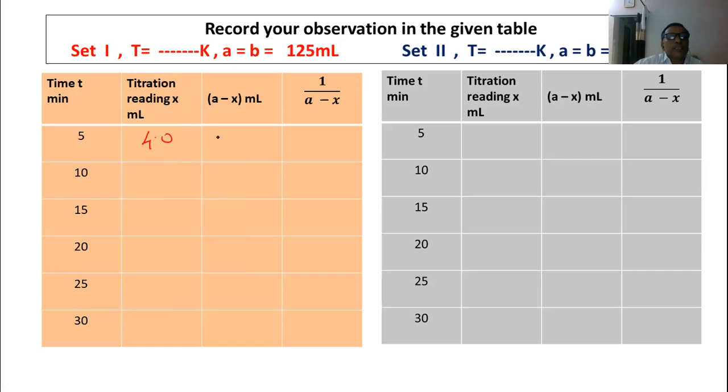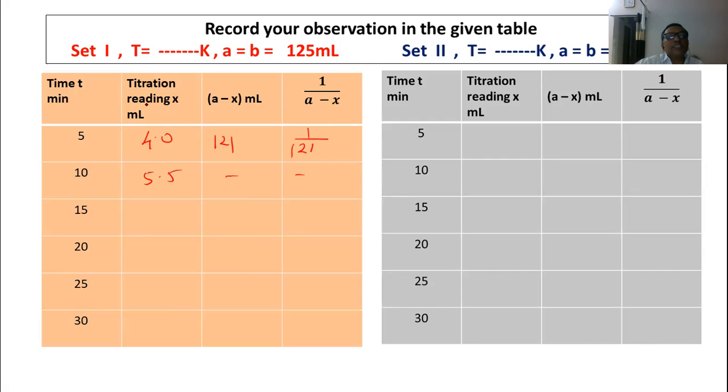So a minus x is 125 minus 4, which is 121, and the next column is 1 upon 121. We have to do the calculation. After 5 minutes again we note the other reading. Suppose that other reading becomes 5.5, like that. Similarly we perform the calculations here.